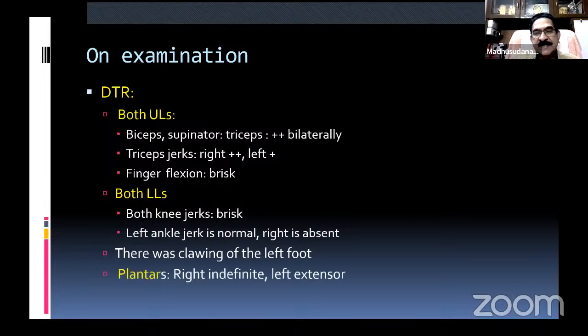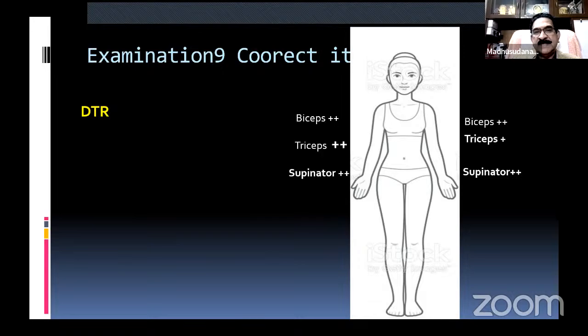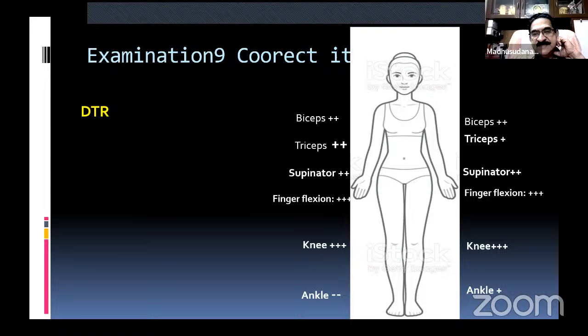Plantar right is indefinite, left is extensor. Knee jerk is brisk, right ankle is absent, left ankle is 1 plus. Abdominal reflex I did not check. Plantar, right is indefinite, left is upward.